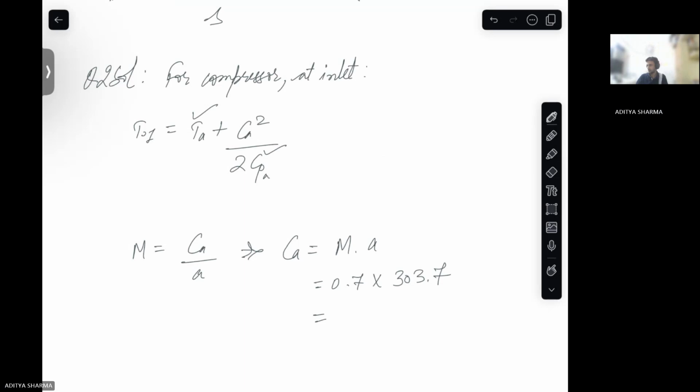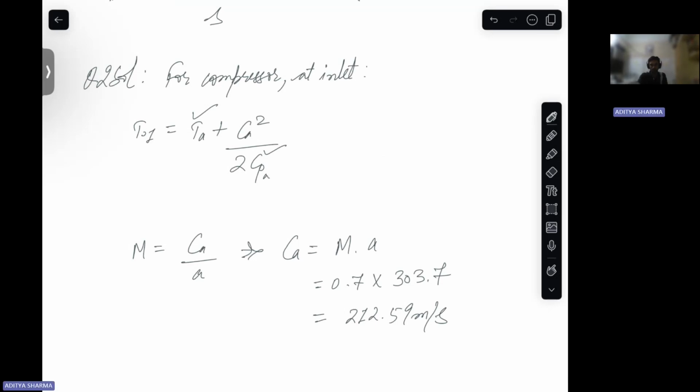Okay. Now, if you work this out, this is 212.59 meters per second. Okay.